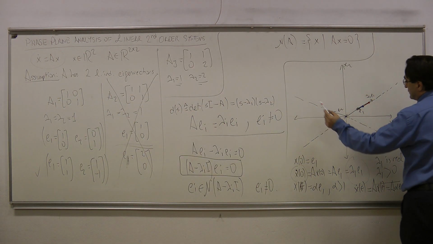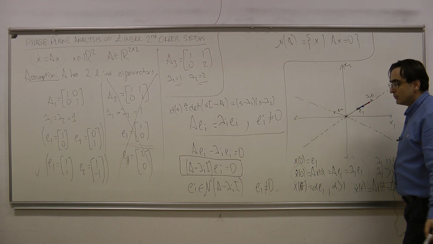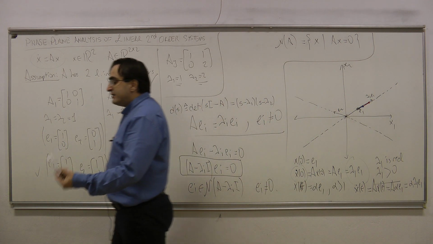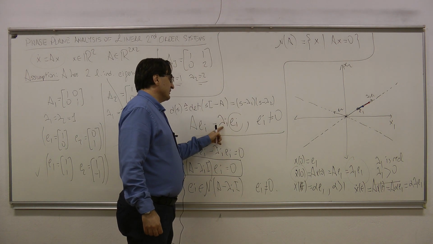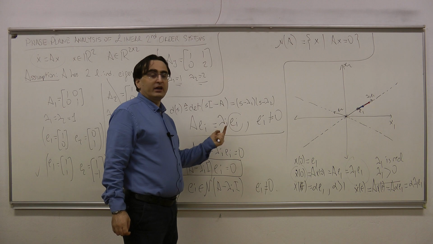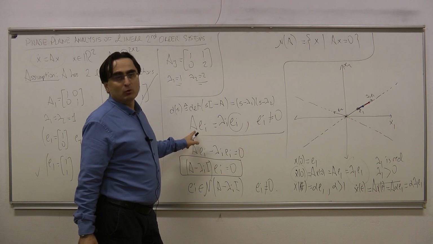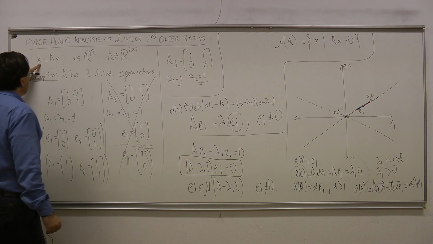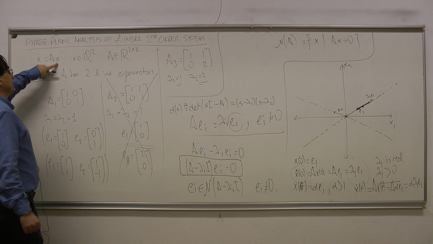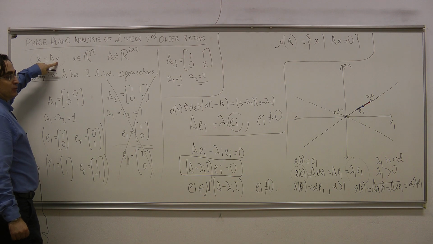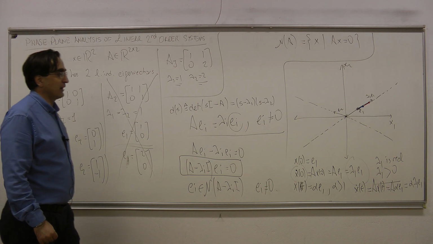What about the other eigenvector? It is the same case for the other eigenvector. So why did this happen? This happened because eigenvectors are vectors which do not change their directionality when you multiply them with the matrix A. Here, our system tells us that the velocity of x is going to be A times x. So whatever the x value for the system, if I multiply it with A, then I'm going to get the velocity of x.